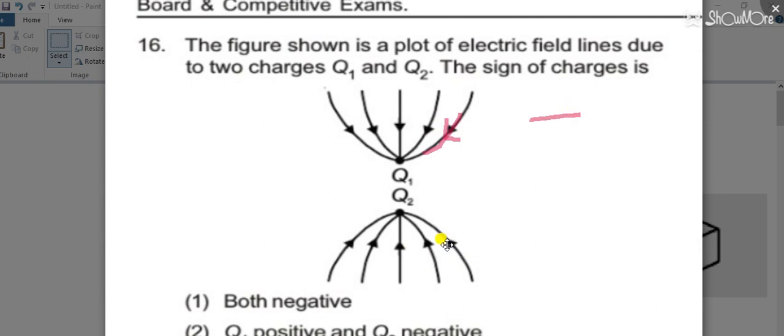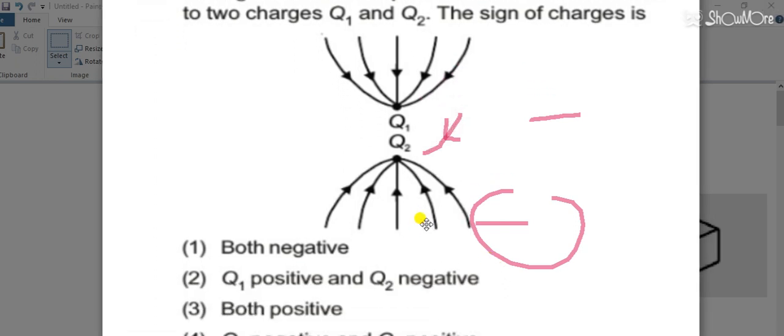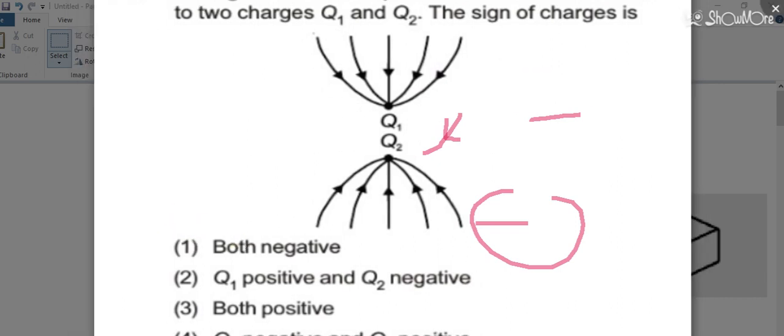Here the lines are also moving inward, that means this charge is also negative. So both the charges are negative, the first option. The first option will be the right answer, both are negative, because in both cases q1 and q2 the lines are moving towards the charge.